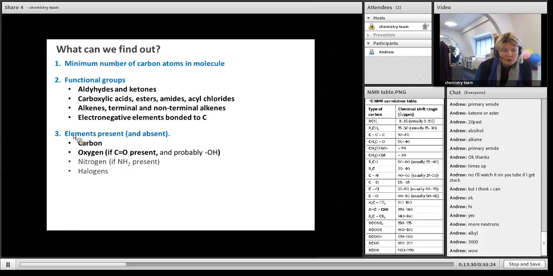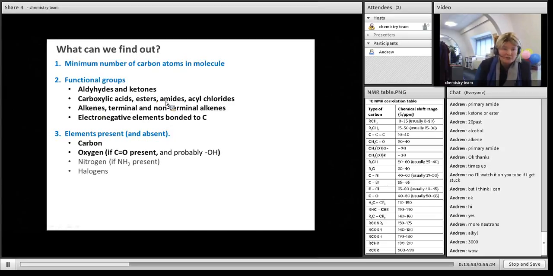Does it look similar or not? Okay, not sure. Remember with the infrared, you could find out if you had an alkene, a carbonyl, an alcohol, and so on. So you can get similar functional groups.